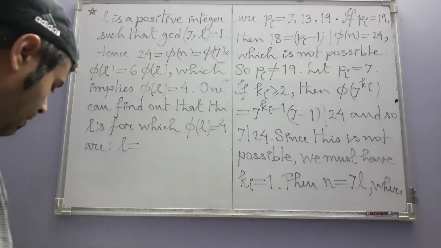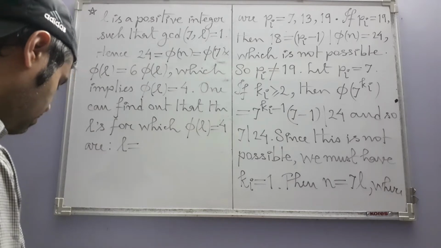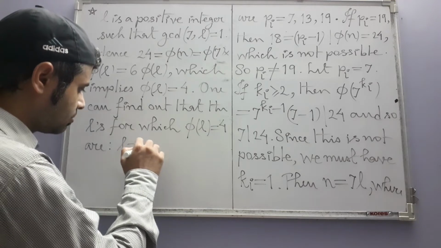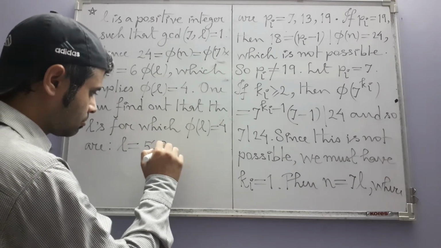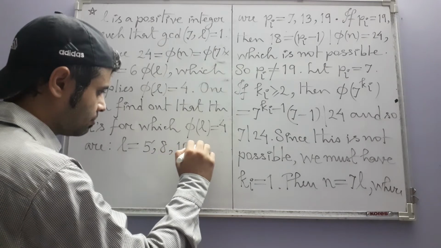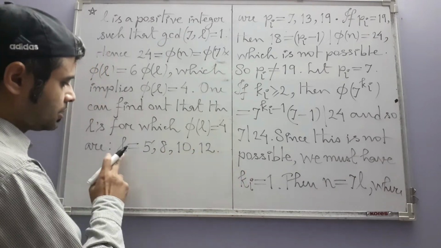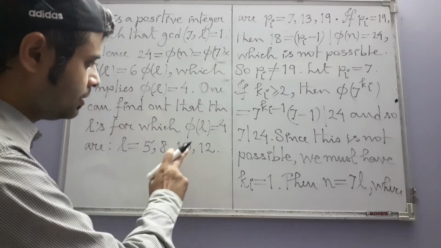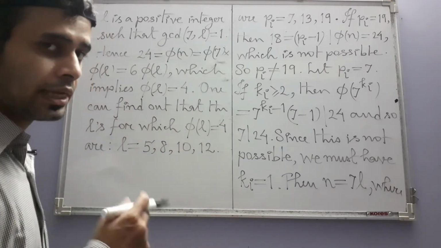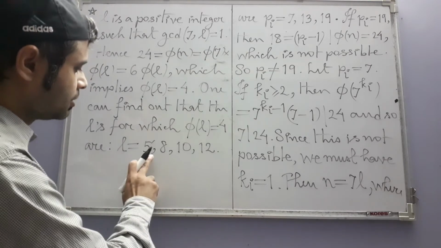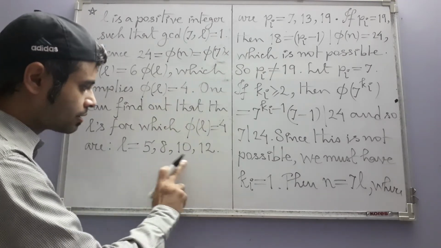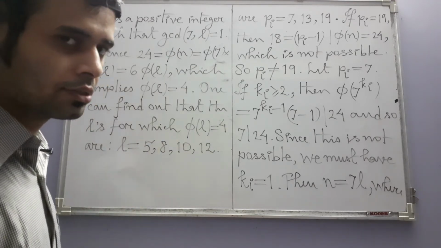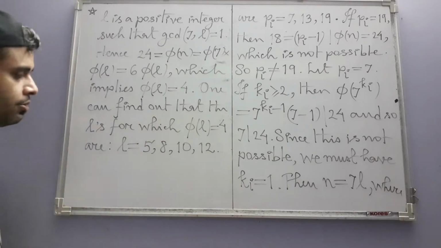L equal to, I have those values here with me, and they are 5, 8, 10 and 12. You can of course simply find the phi values of these 4 integers and find that each one of them is 4, but that is of course not enough. You have to also somehow argue that these are the only values of L for which the phi values are all equal to 4. That part I am leaving to you.